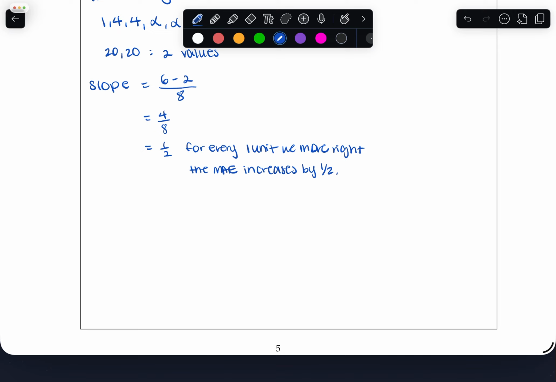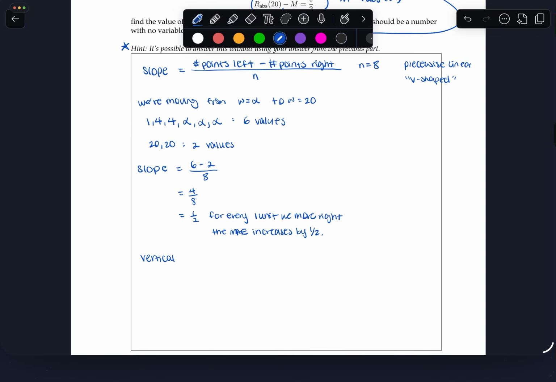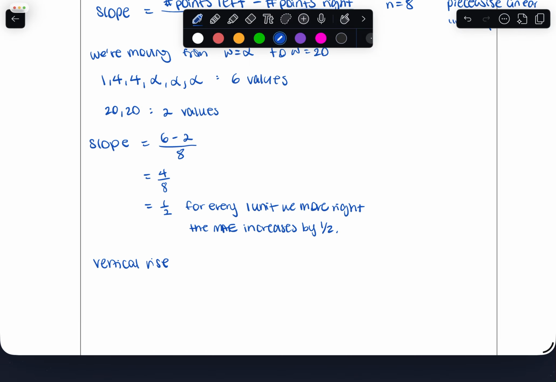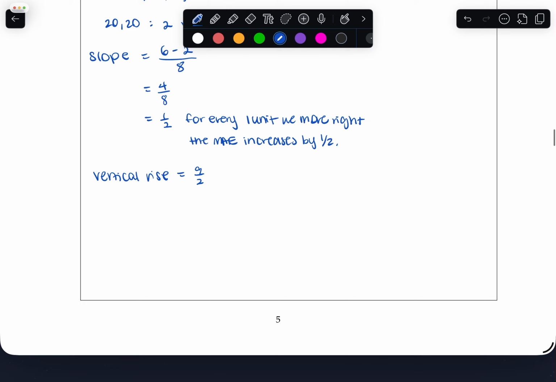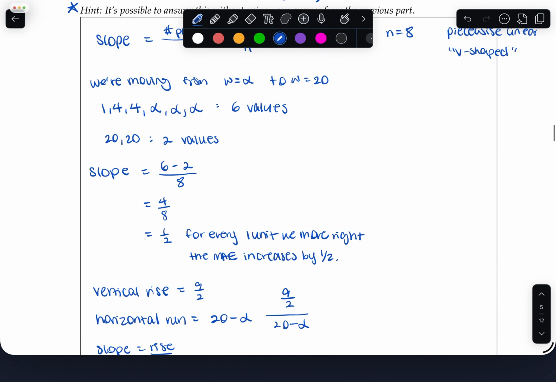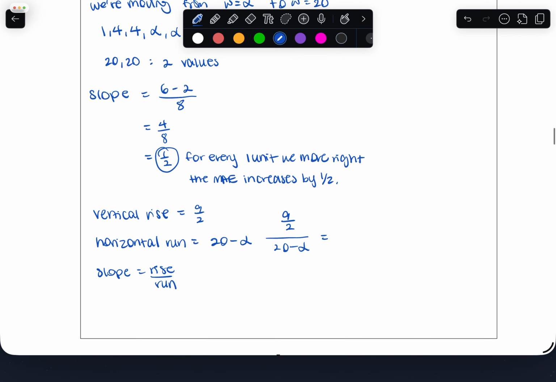So using rise over run, we know that the vertical rise between those 2 points is 9 over 2. Our horizontal run is that segment, which is 20 minus alpha. Since slope is equal to rise over run, we have 9 over 2 over 20 minus alpha is equal to our slope, and from the earlier part, we know that slope has to be 1/2.